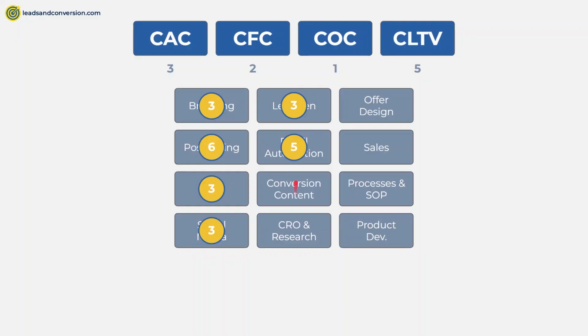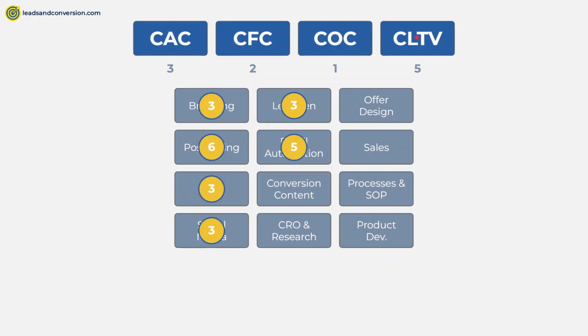This creates a relationship with the customer before the sales rep is actually going on a call with them, and this is pretty powerful. So it helps to reduce the customer acquisition cost, it helps to reduce the customer fulfillment cost, and it can help, as we have seen in the case of the automation, to increase the customer lifetime value. So this is a 6.